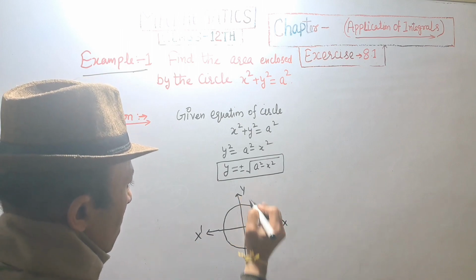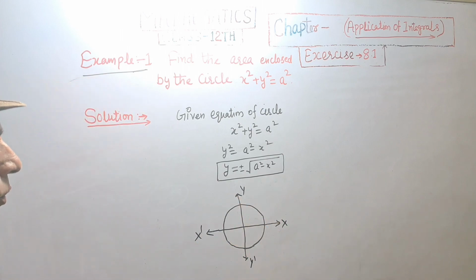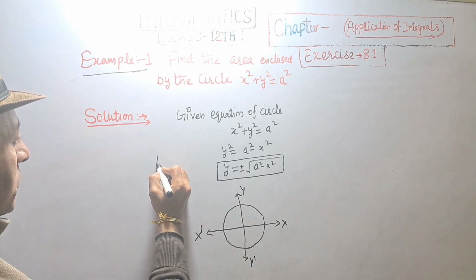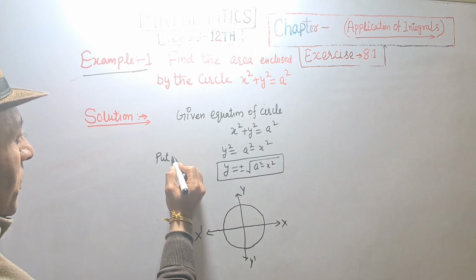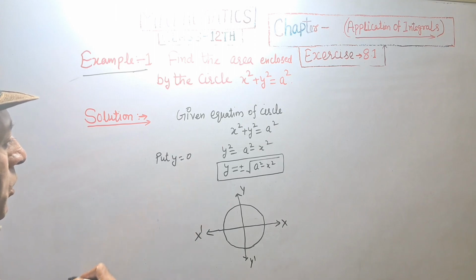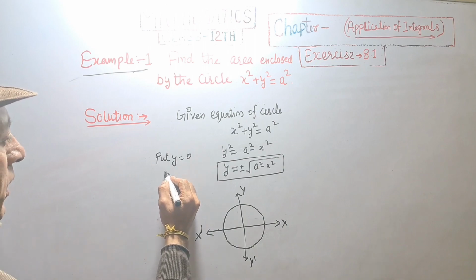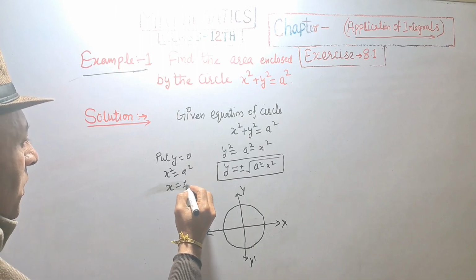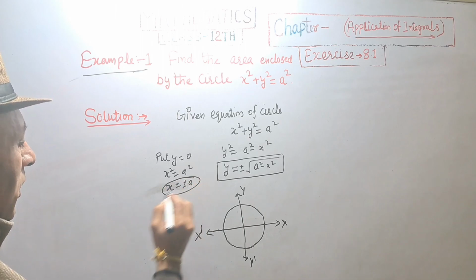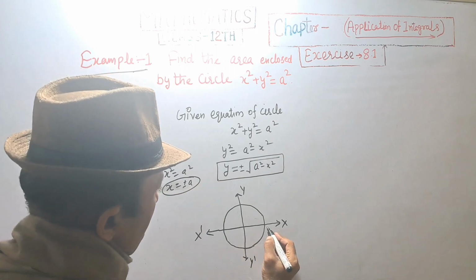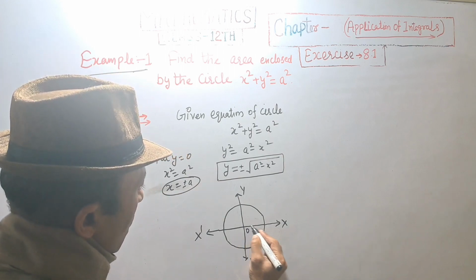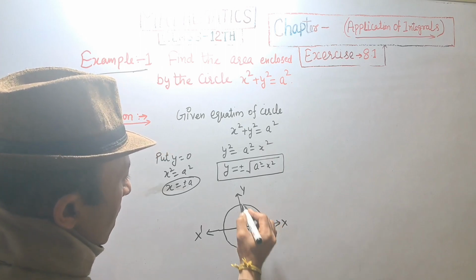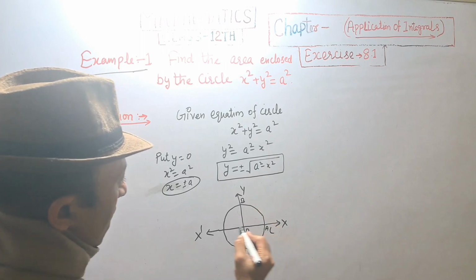X dash, y and y dash. Put y is equal to 0, then x square is equal to a square, x is equal to plus minus a, and its origin O and A point, B point.